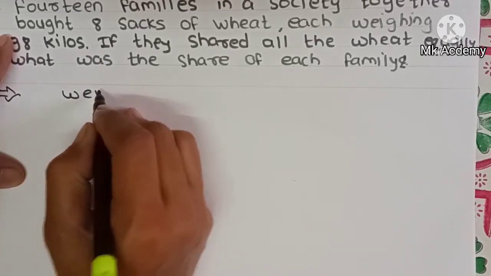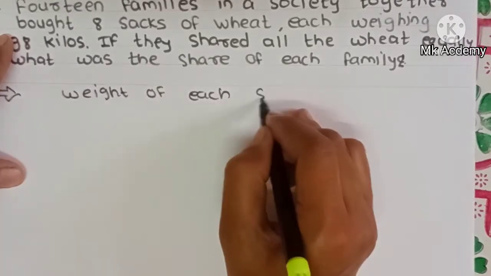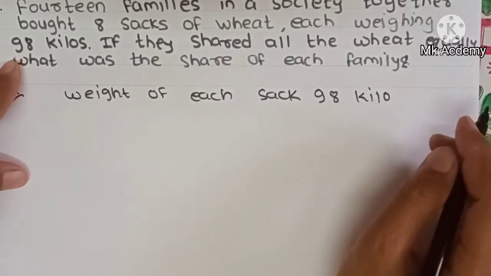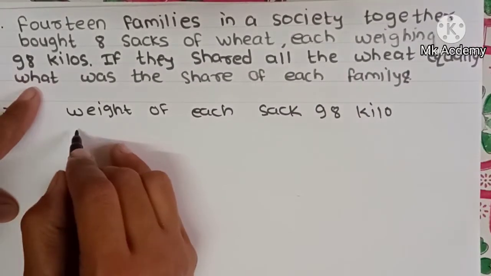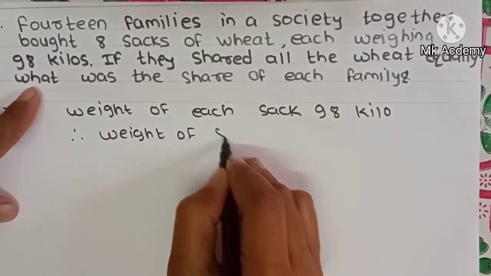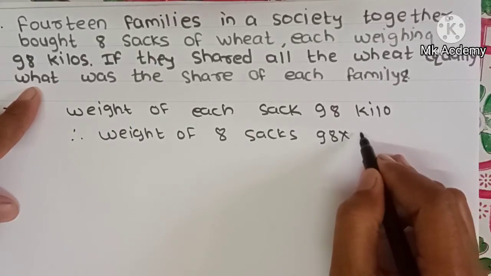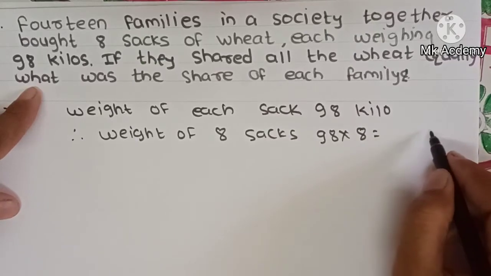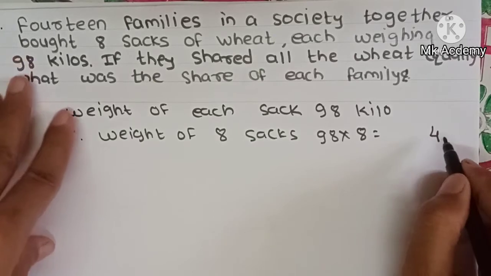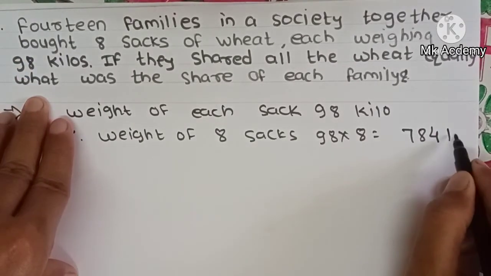Weight of each sack is 98 kilos. Therefore the weight of 8 sacks is 98 multiplied by 8. 8 times 8 is 64, carry 6, 8 times 9 is 72 plus 6 is 78.